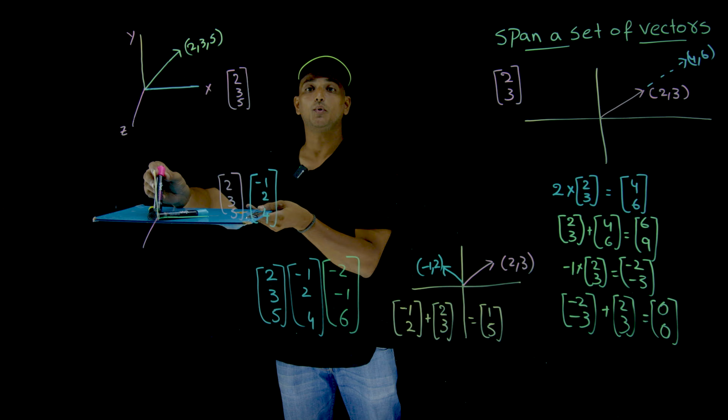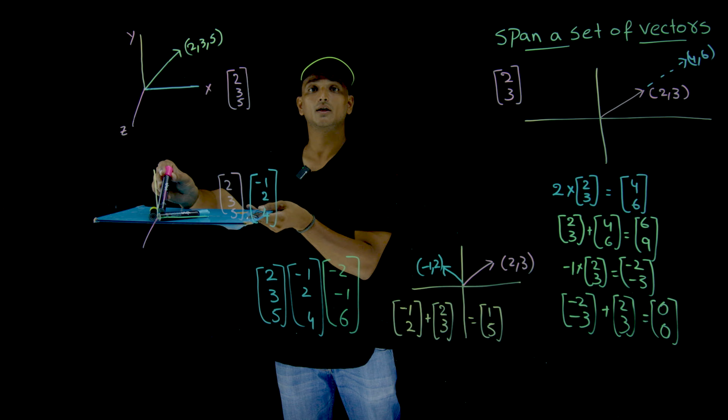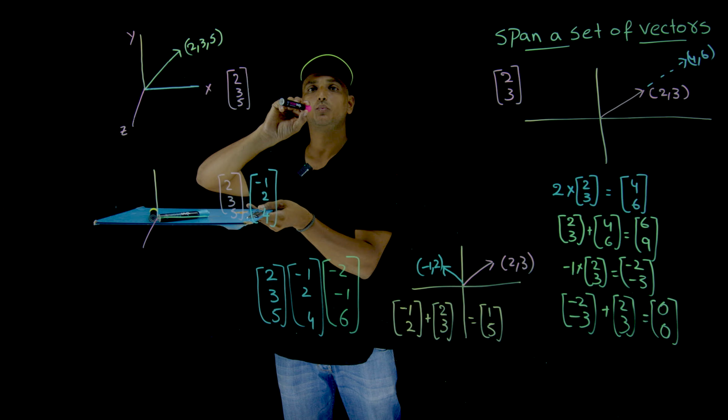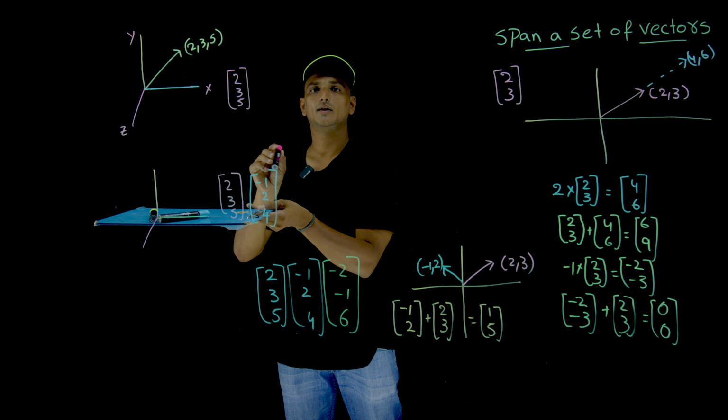This point is above this plane, moving in this direction, in the 3rd dimension. So by adding these three vectors, you can move on to any point in the space.